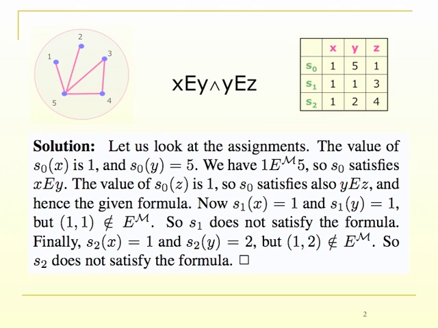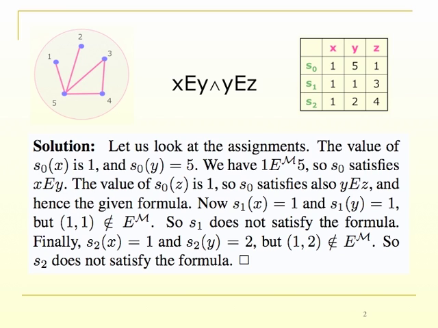Let us look at the situation more carefully. The value of S0x is 1 and S0y is 5. We have an edge between 1 and 5, or as we say, 1EM5, meaning the pair 1, 5 is in the binary relation EM, the interpretation of the binary predicate symbol E in this structure.